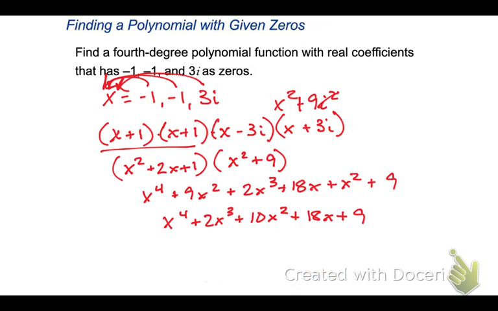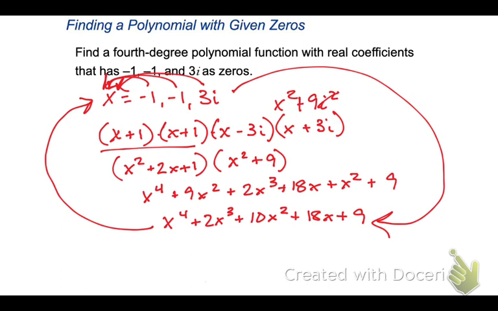Okay, so we've gone from here to here. Now you have to go from top to bottom, knowing that if I have positive 3i, I also have negative 3i. Yes.